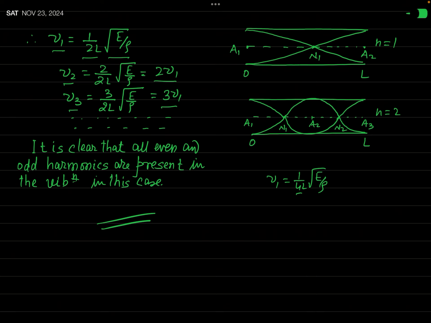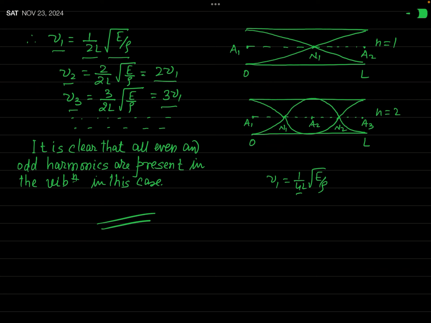But when n is equal to 2, there are two nodes and three antinodes, A1, A2, and A3.